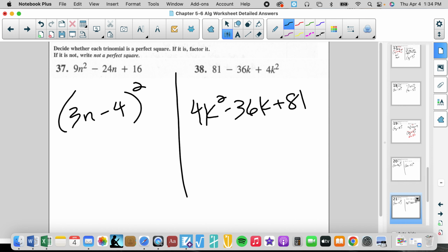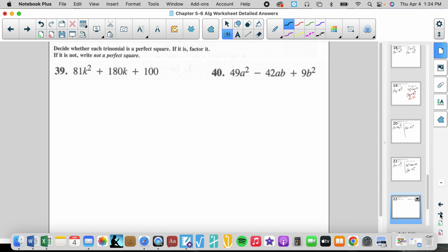Three terms, yes. Third term positive, yes. First and third perfect square, yes. Square root of 4k squared is 2k. Bring down the negative. Square root of 81 is 9. Quantity squared, negative 18 doubled is 36. Three terms, positive, yes. Perfect squares, that's 9k plus 10.